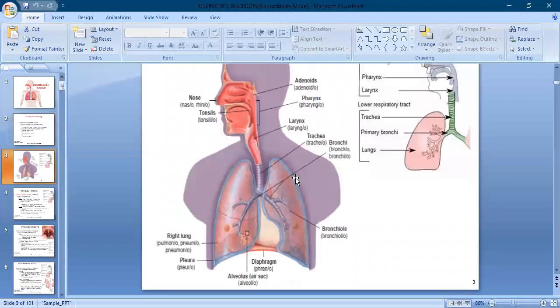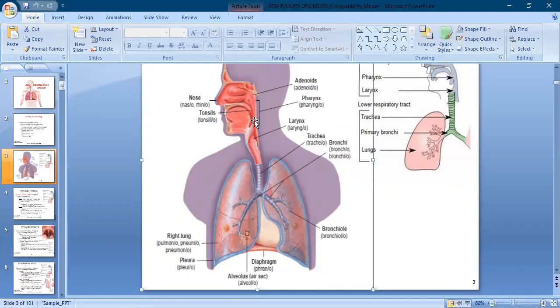And here showing the picture, you can see the respiratory system starts from the nose. Then there are so many sinuses there. And then they communicate in the pharynx. This is the pharynx. And here also another gland is called the tonsil. Inflammation of the tonsil is called tonsillitis.